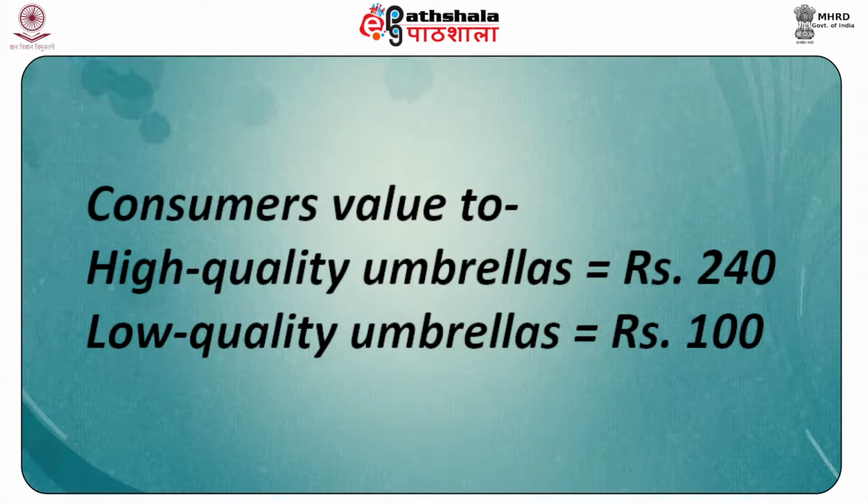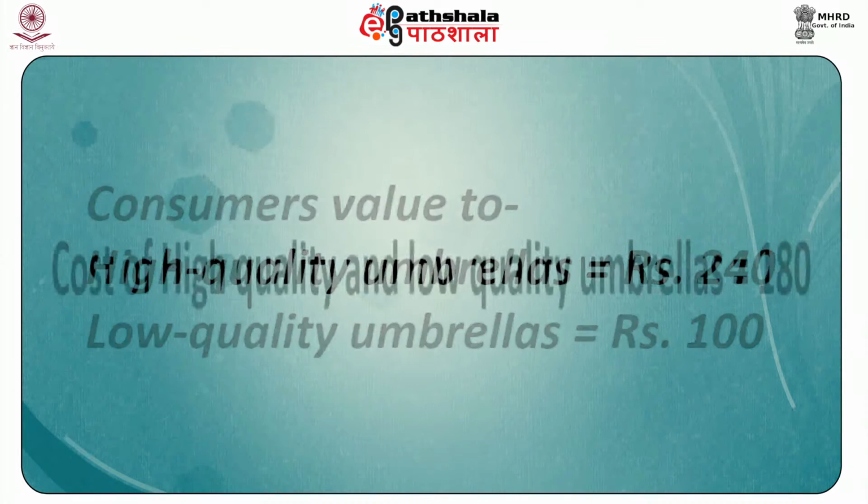Suppose that each consumer wants to buy a single umbrella and that there are two different qualities available. Consumers value high quality umbrellas at rupees 240 and low quality umbrellas at rupees 100. It is impossible to tell the quality of umbrellas in the store. This can only be determined after a few rainstorms.